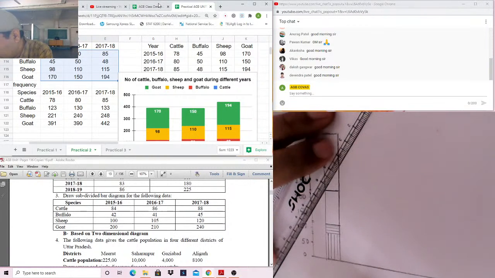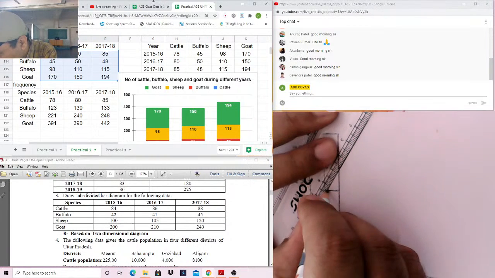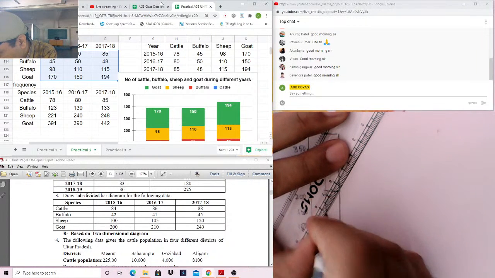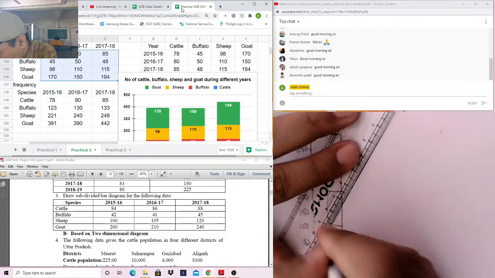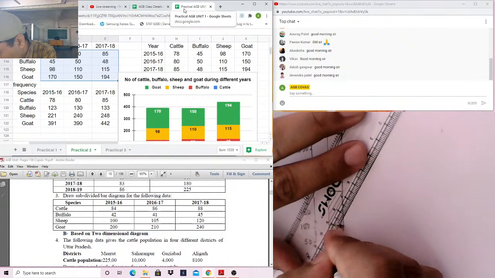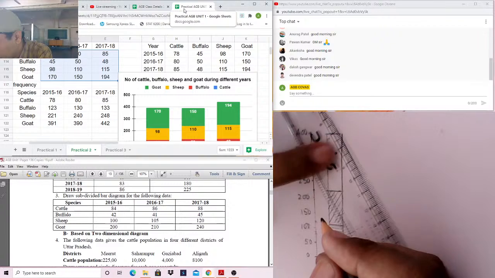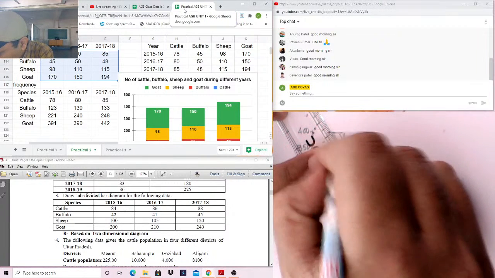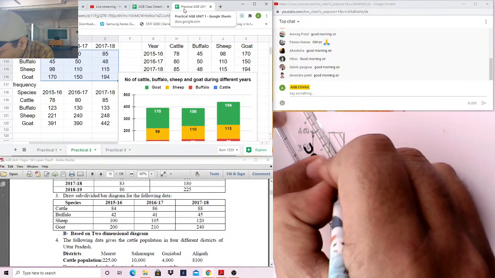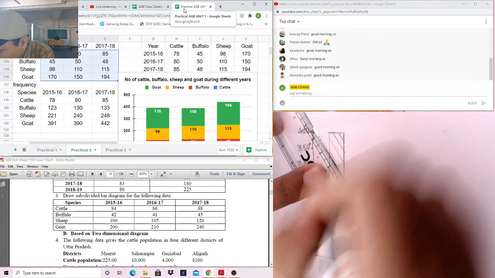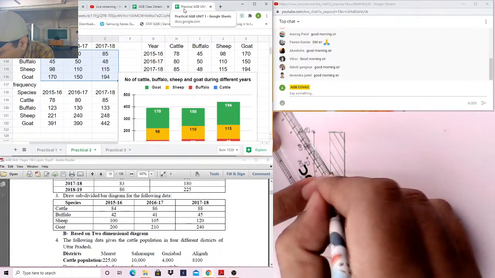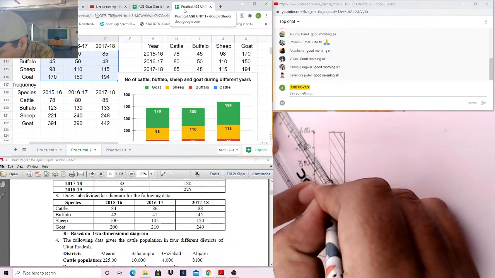Then it can be slanted lines. Okay. Then it will be slanted in another direction. Right.